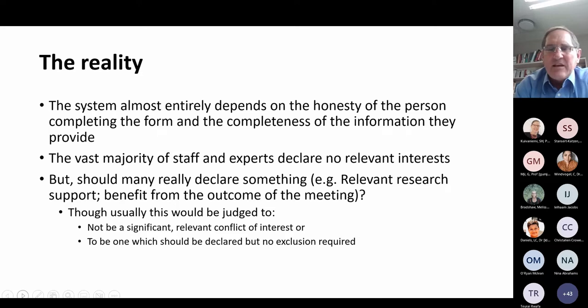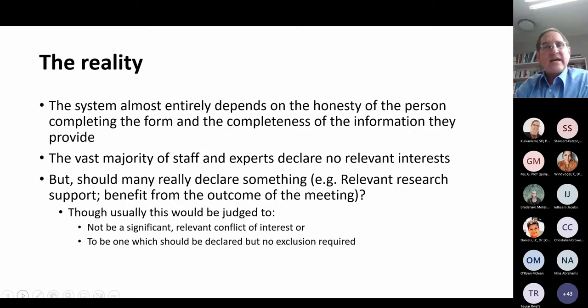For example, in particular, often for academics, it's relevant research support. I think that they should declare it, even if it's not going to lead to any action, or potential benefit from the outcome of the meeting, for example, related to their own research group or their own research findings being given more prominence, because at these consultations WHO wants the people who know the most about it.